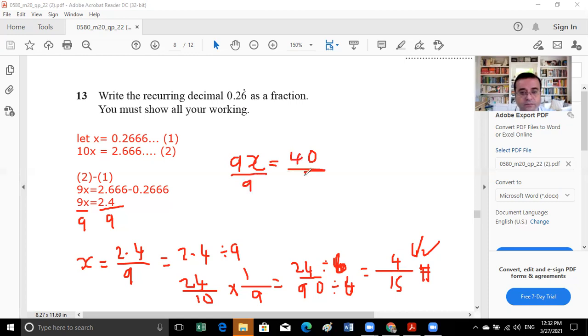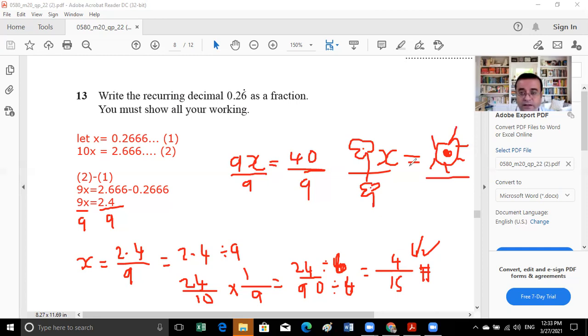Look, if we have flower x equal sun, how do you get x? Divide by flower. Correct?